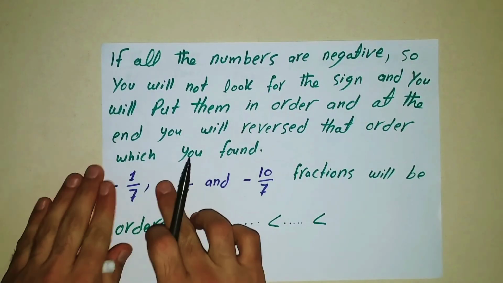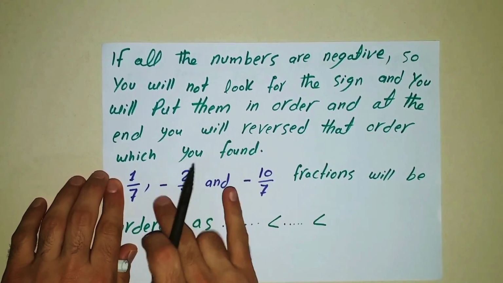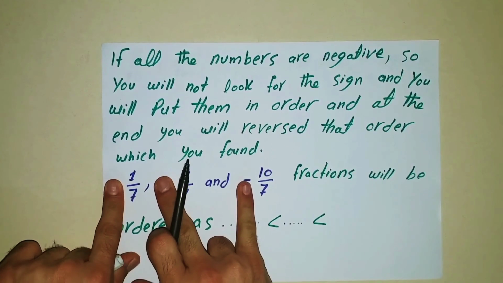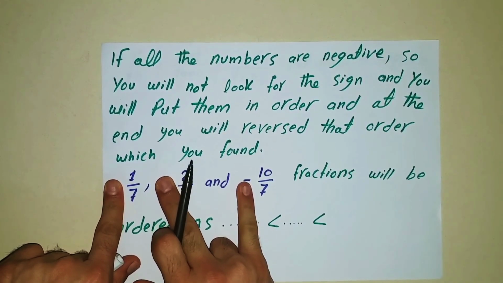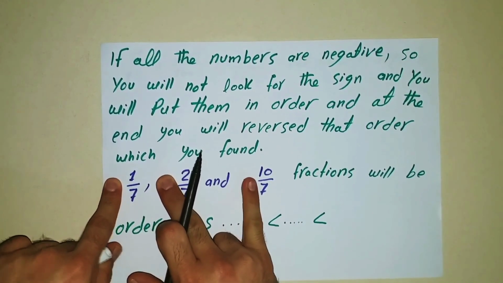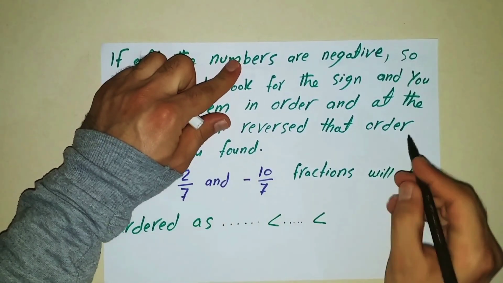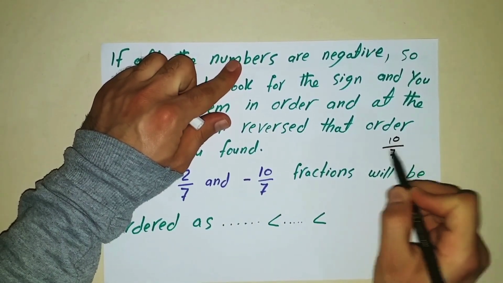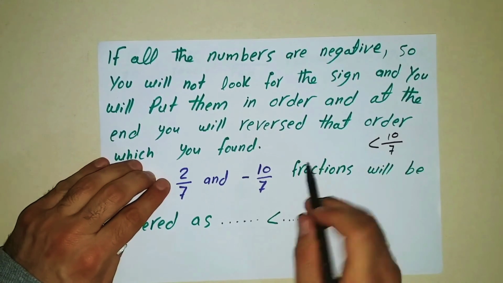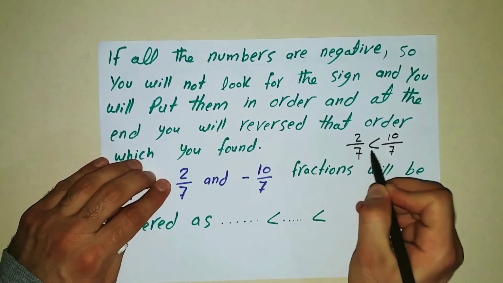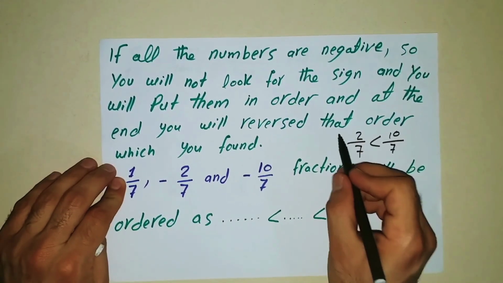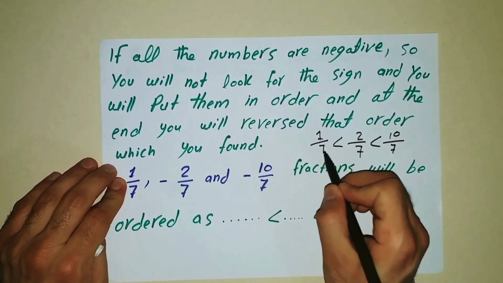I am going to ignore these negative signs, so I will just see the denominators are the same. I will go for the numerator. The biggest number is 10 by 7, greater than 2 by 7, and greater than 1 by 7.